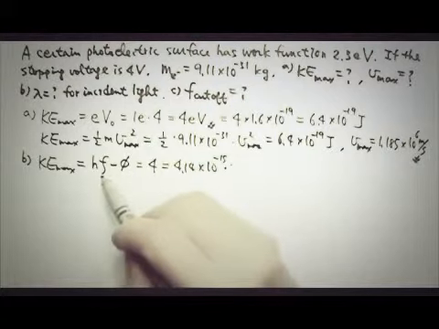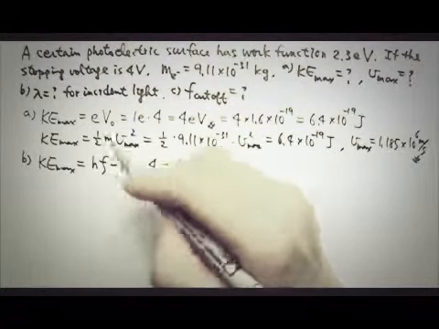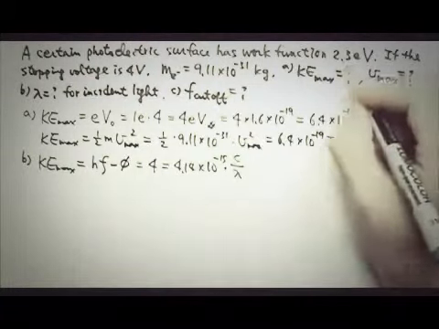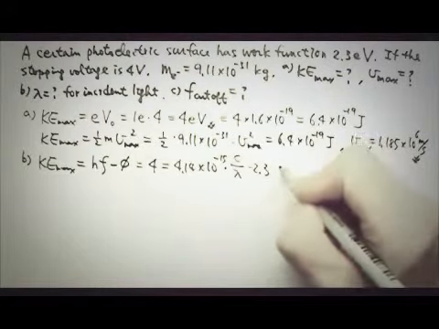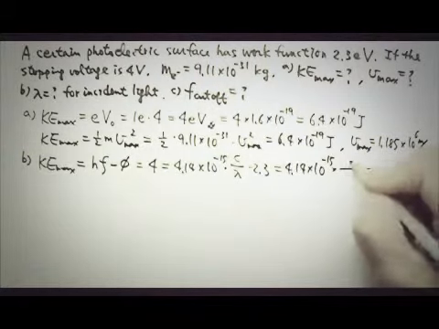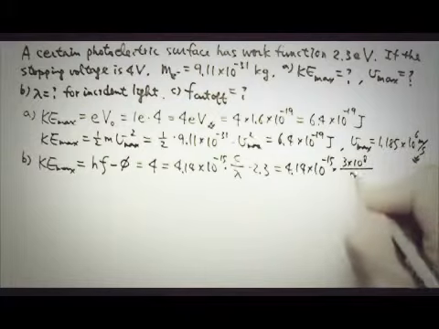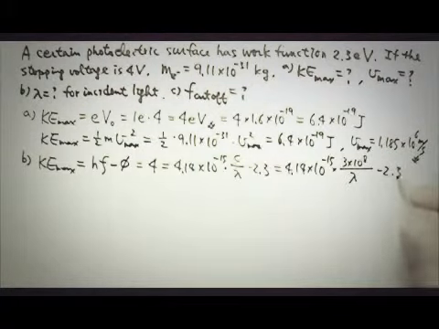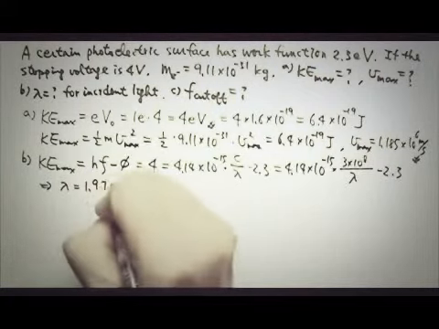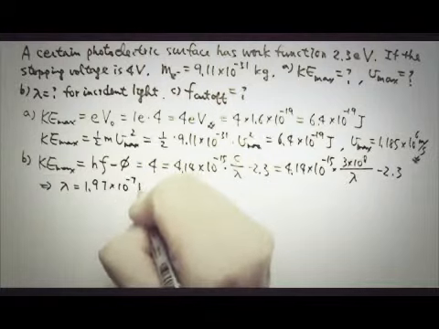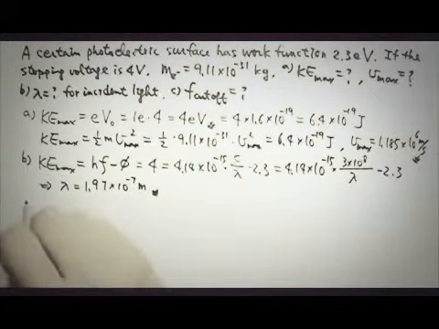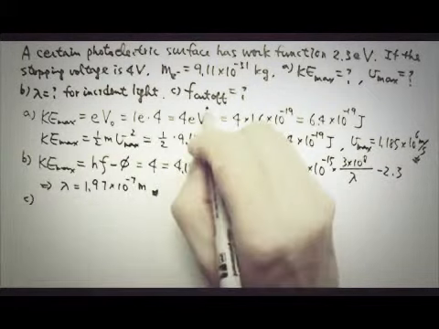The frequency is something we can find first, or we can just say frequency is c over lambda, and then minus the work function 2.3. So this would be 4.14 times 10 to the negative 15th, c is 3 times 10 to the 8th, and then we're looking for the wavelength. So this will give us a wavelength that is 1.97 times 10 to the negative 7th meter. And that's 197 nanometers.